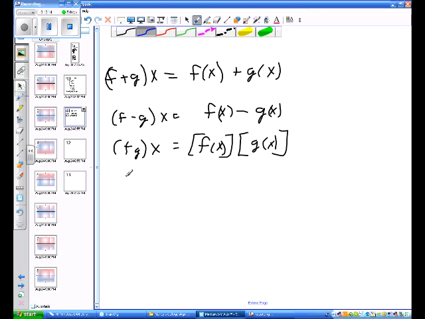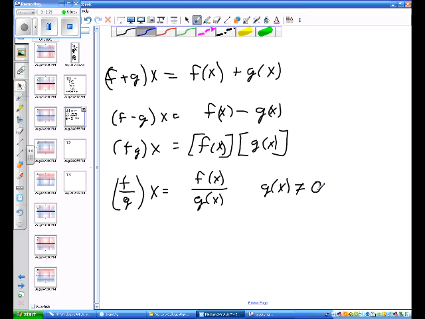And then we might have where we have f divided by g of x, which means that we're wanting f of x divided by g of x, provided that g of x does not equal 0, because we can't divide by 0. So these are our operations.